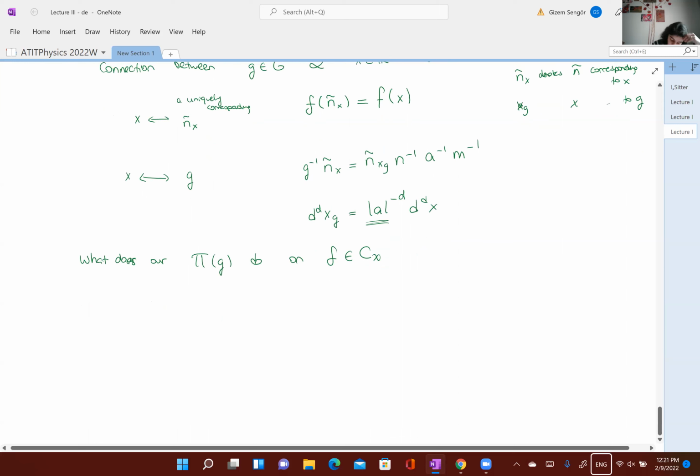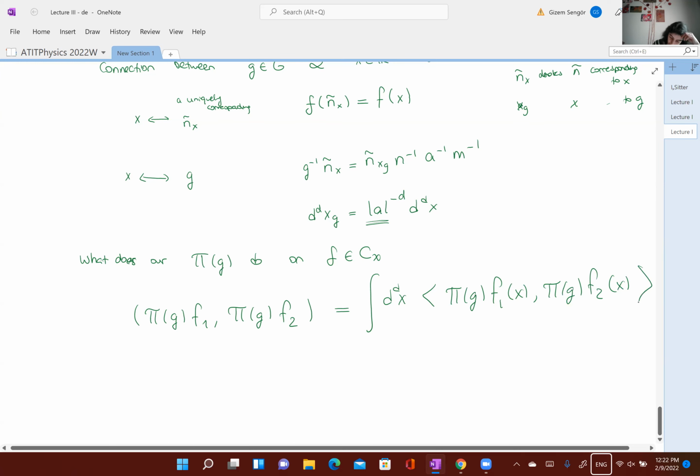Okay, what does it do? So let's look at this. We know we can write this over the position elements, like this.